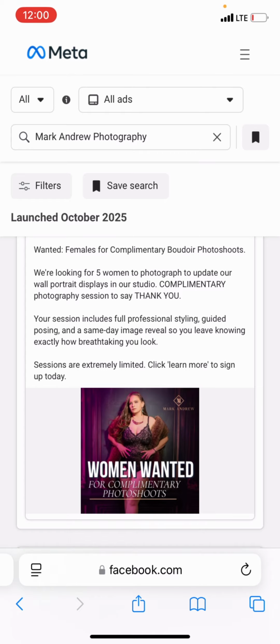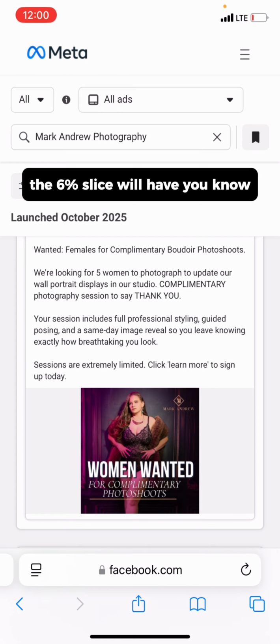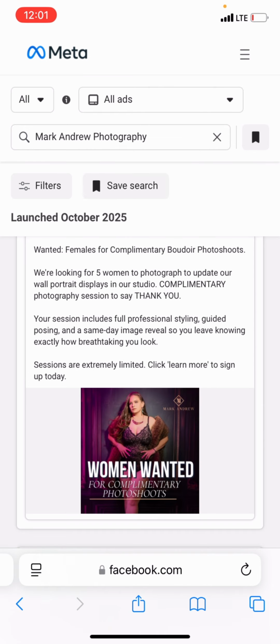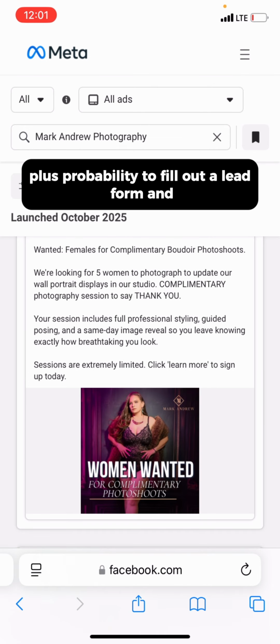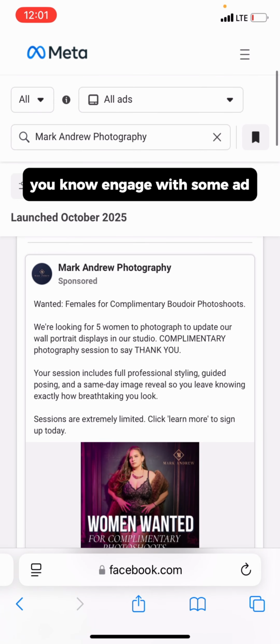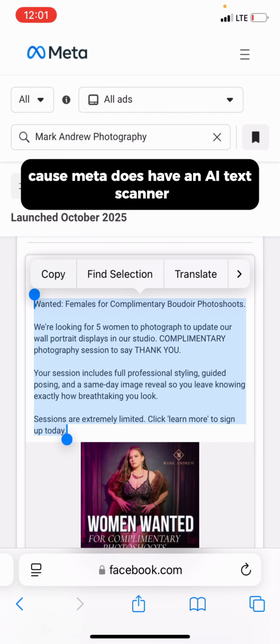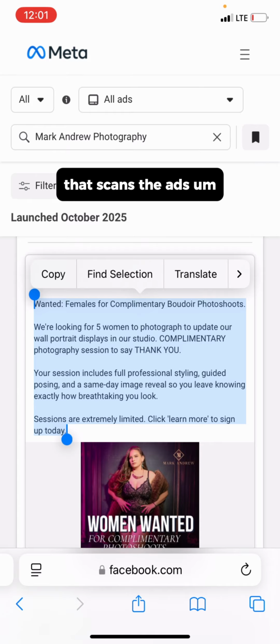and the 6% slice will have the Meta profiles that are at the 95th percentile plus probability to fill out a lead form and engage with some ad that has these specific keywords in it. So keywords do play a part, because Meta has an AI text scanner that scans the ads.